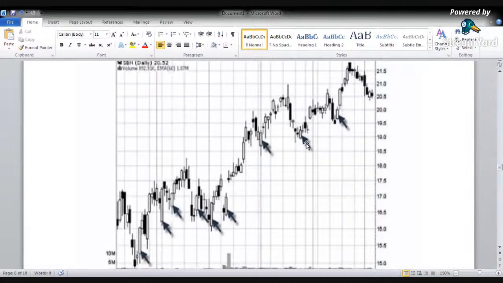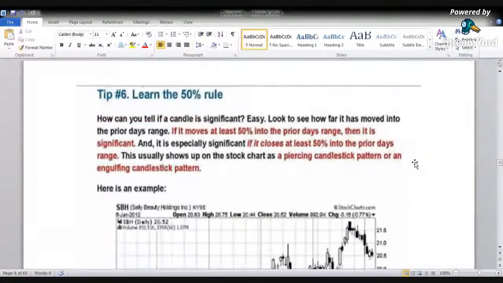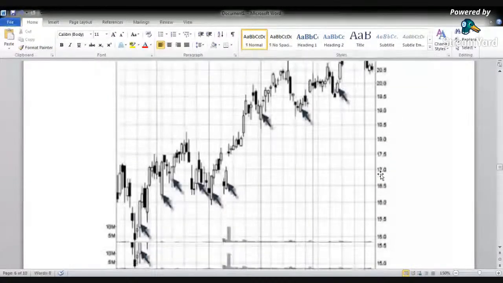This arrow, with arrow direction, this is the previous candle, but the next candle covers almost 50% or more than 50%. But we need to see if the candle moves at least 50%. Okay. So, we need to see this in the chart also.